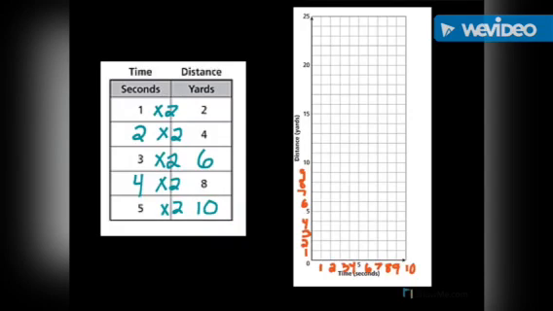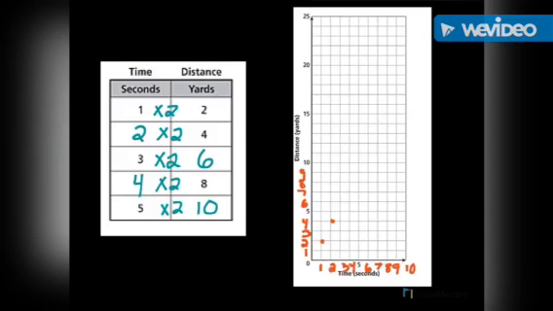So my first value is 1, 2. So at 1 second, they've gone 2 yards. So I'm just going to put a dot there. My next value is 2 seconds and 4 yards. Right here.